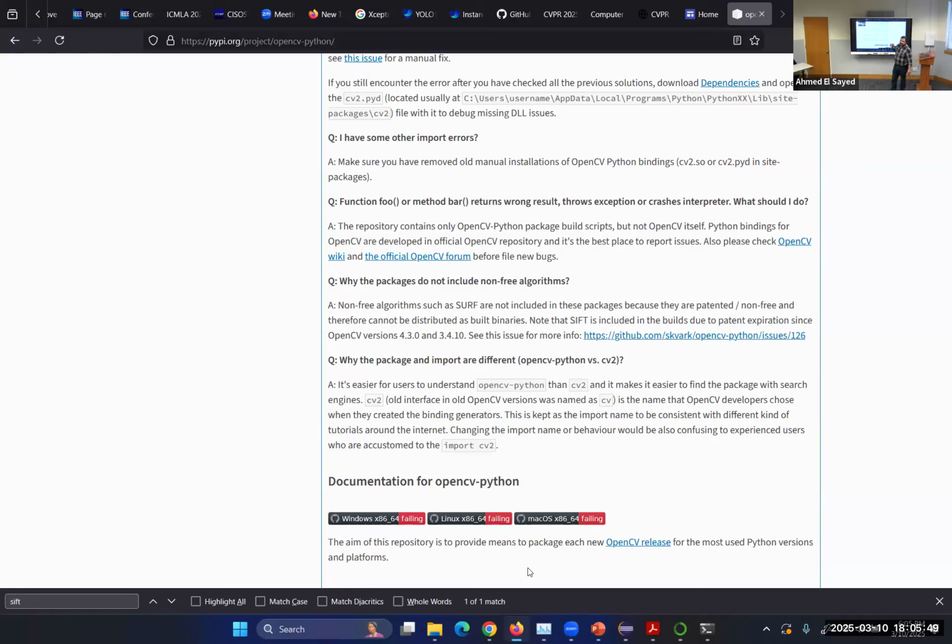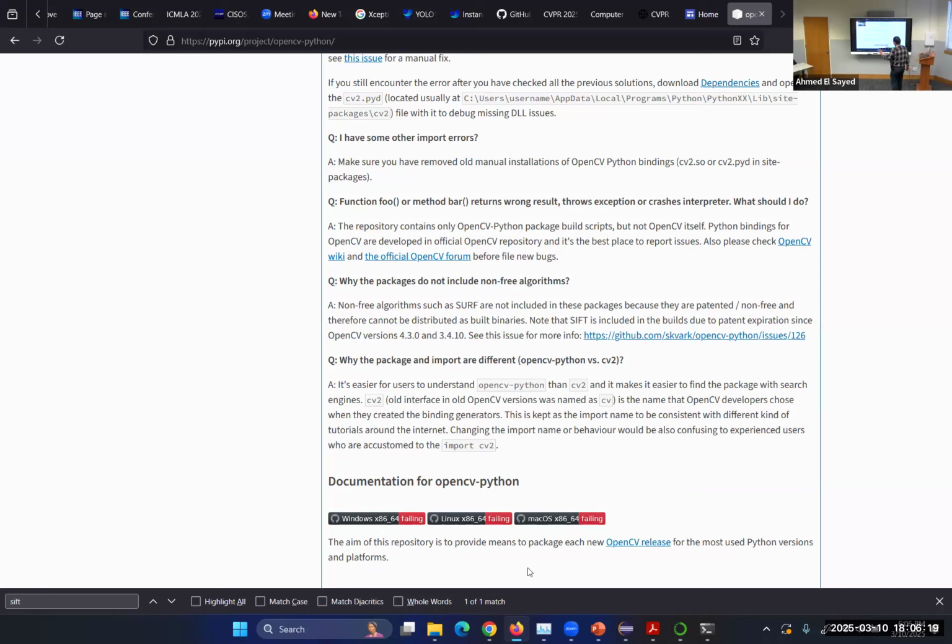Is there another technique? Yes, there is. If you want to have OpenCV 4.11 with SIFT and SURF, you can, but you have to build it from scratch. You have to build it yourself, and in CMake, you have to enable the non-free algorithms and compile based on that.